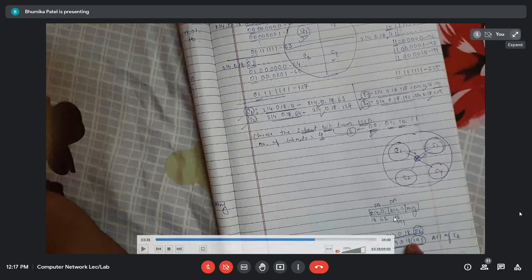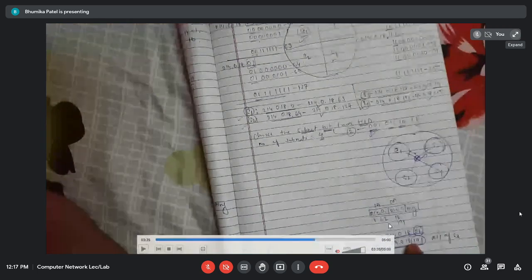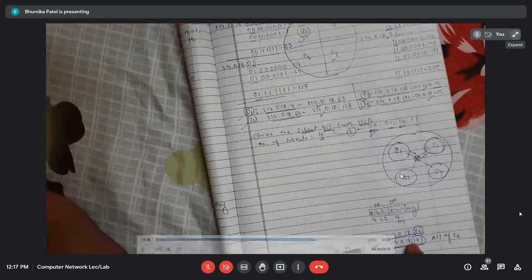Both IP addresses are from the same network, 214.0.18, so this represents this network only. That means I am within this network, not outside it. If I am sending the message from the same network to a device within the same network, then it will be for subnet 3 only.